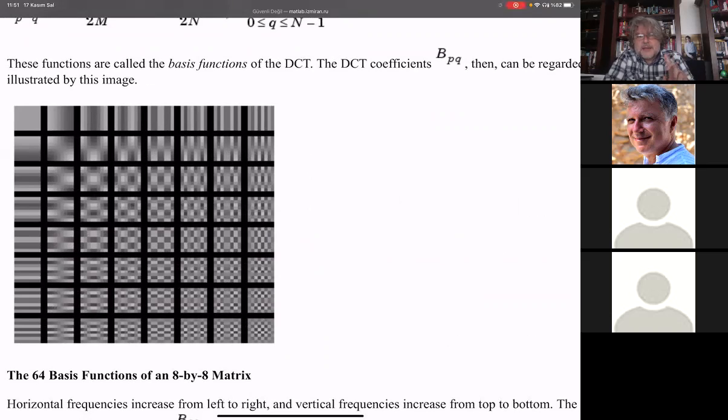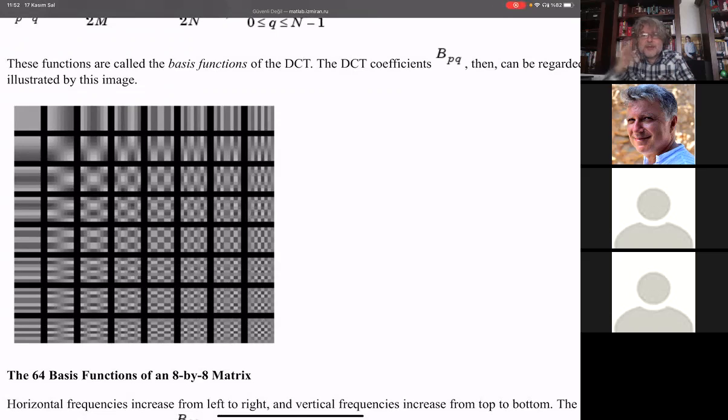You see that the first basis image on the top left corner is uniform like, and as you proceed on the right hand side, if you increase the frequency, the horizontal frequency, it becomes horizontally higher frequency towards the right hand side, but vertically the frequency stays almost zero.